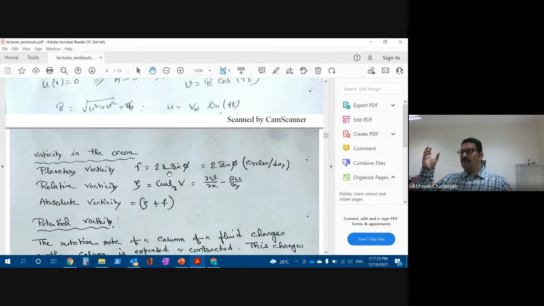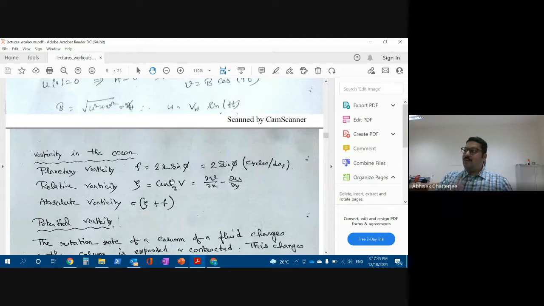So that's why you call it planetary vorticity, represented by F, because of the rotation of the planet itself. But we can also have a relative vorticity, which is something called eta, basically the curl of the current itself. Okay, but interestingly here note that both are in Z component.